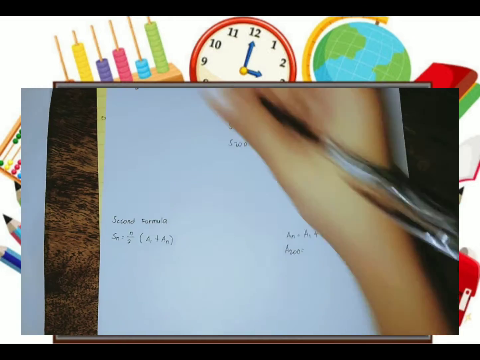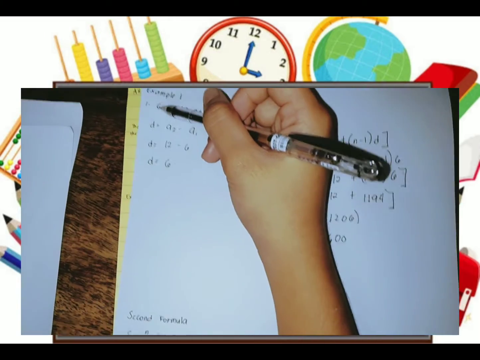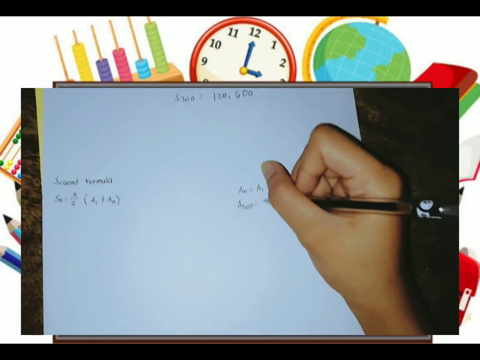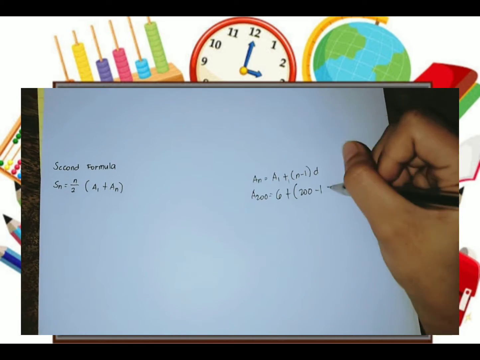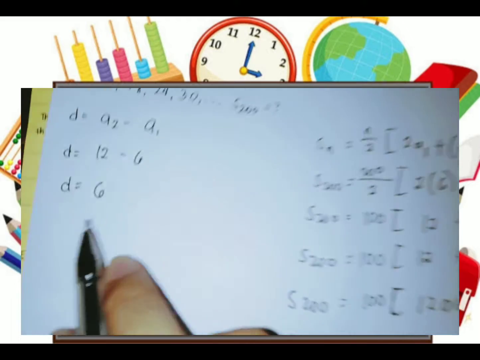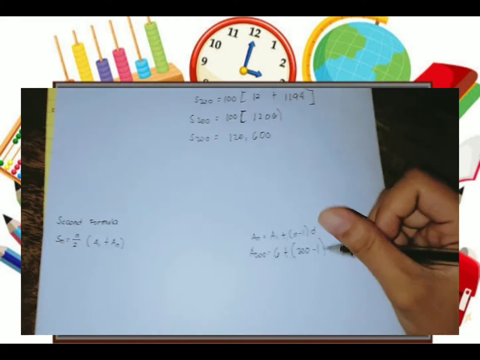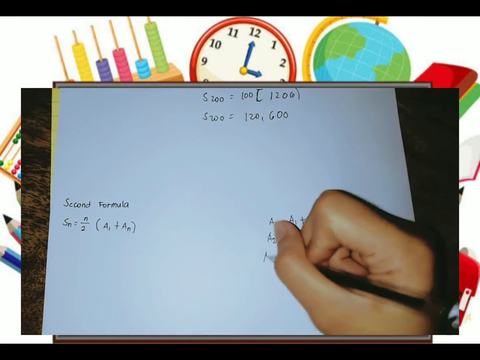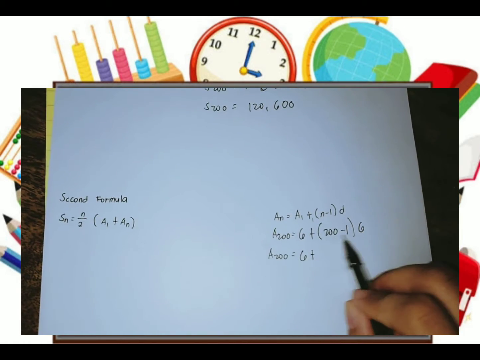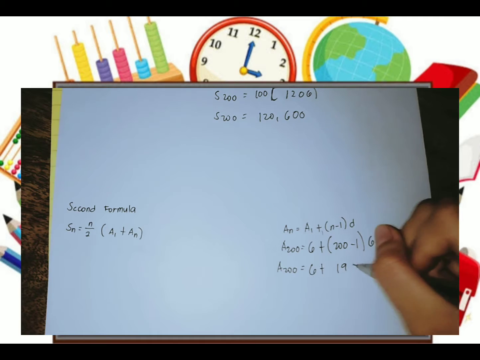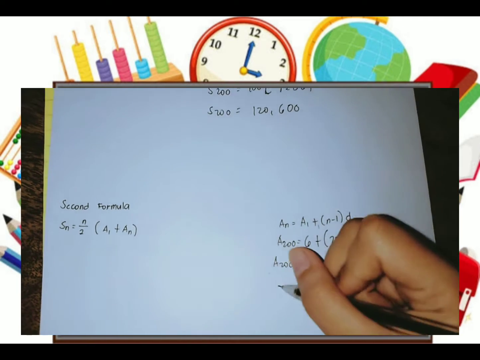Our a sub 1 is 6, so we put 6 here. n is 200 minus 1 and our d is 6. So 200 minus 1 is equal to 199 times 6.